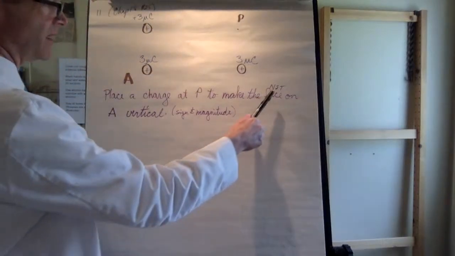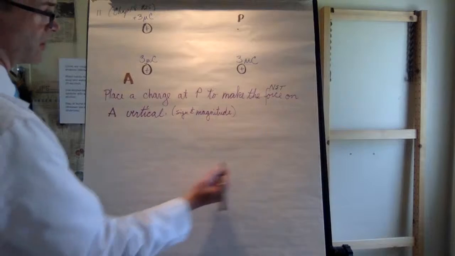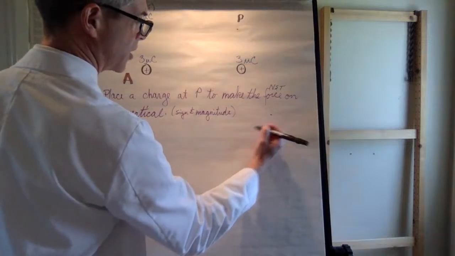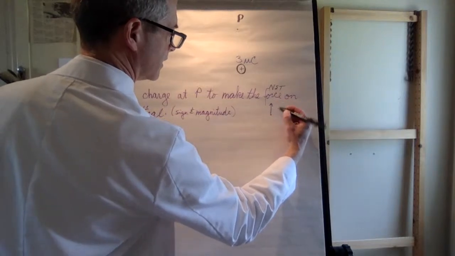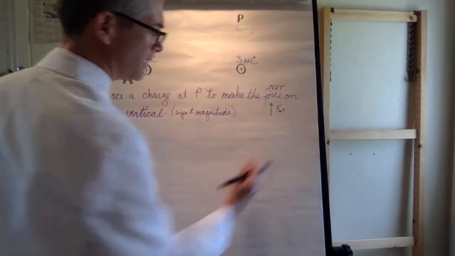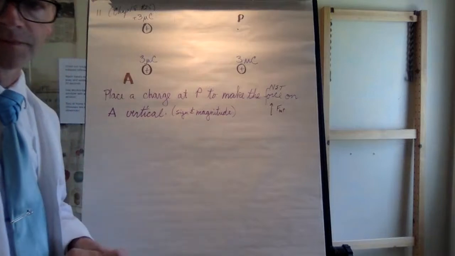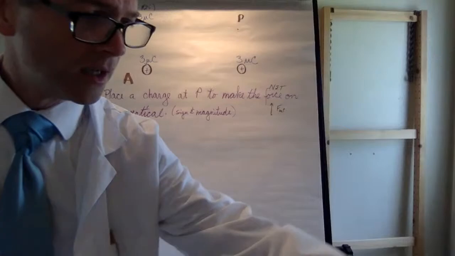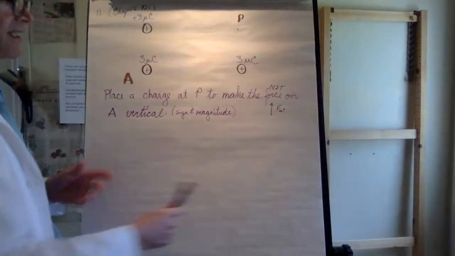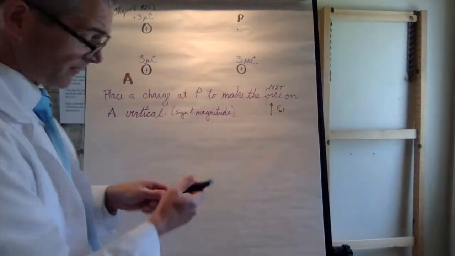So I want to make the net force on A vertical. So my end goal is to make it look like that. So let's see what we have and how we can get ourselves there.